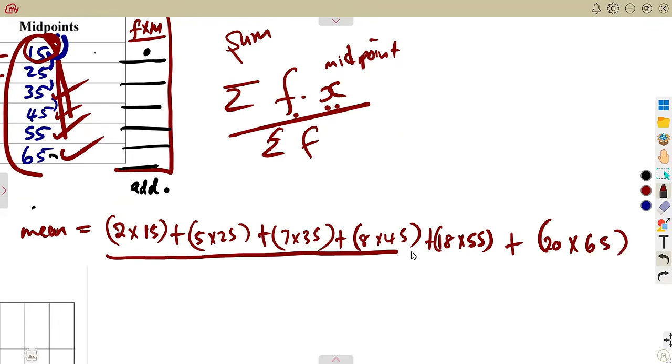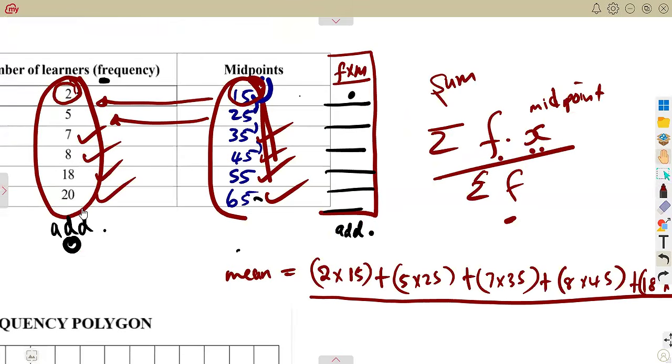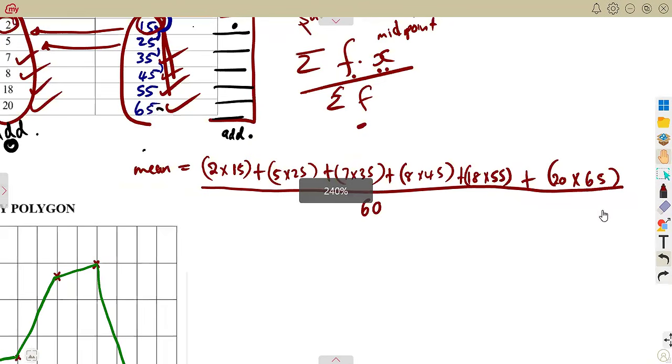Everything must be divided by the total frequency now. So you must use the whole of this part that you had, the total frequency, guys. Remember, this is frequency. You are adding these frequencies, 2 plus 2, everything, you add them. That was going to give us 60. If you multiply and add on top, multiply 2 times 15 and add to this, it was going to give you 3050 over 60.